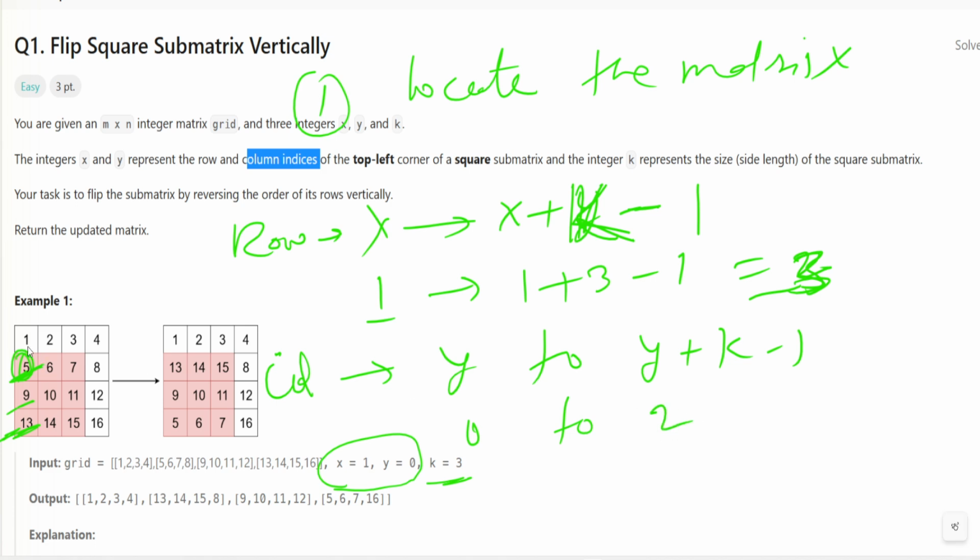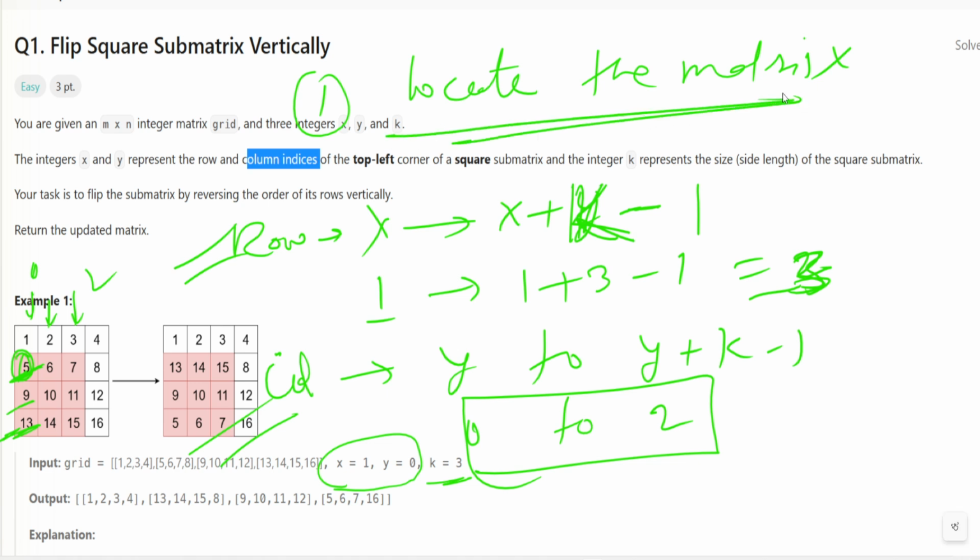So 0, 1 and 2, we will go till 2. These two define the row and column range, and we locate the matrix.